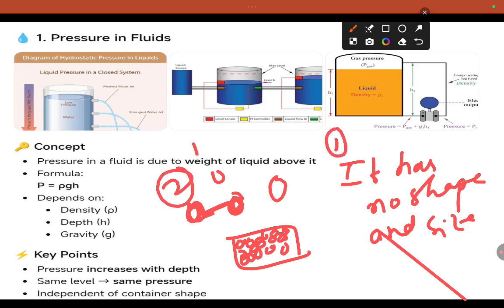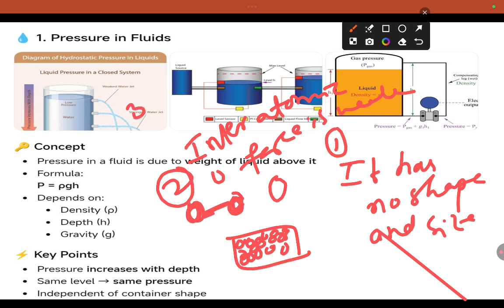Second, interatomic force is weak. Coming to the third property, fluid cannot withstand shear stress or longitudinal stress.